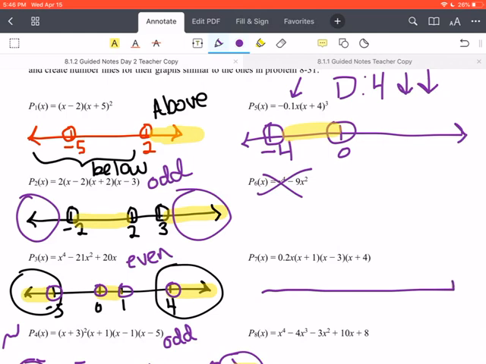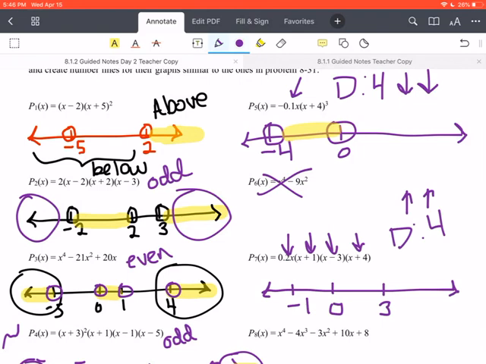So on P7, I can see that I have 4 factors that all are the first power, so I have a degree 4. I don't see a negative, so I know that the end behavior is going to go up and up. So my factors are -1, 0 because of that 0.2x, positive 3 and negative 4.